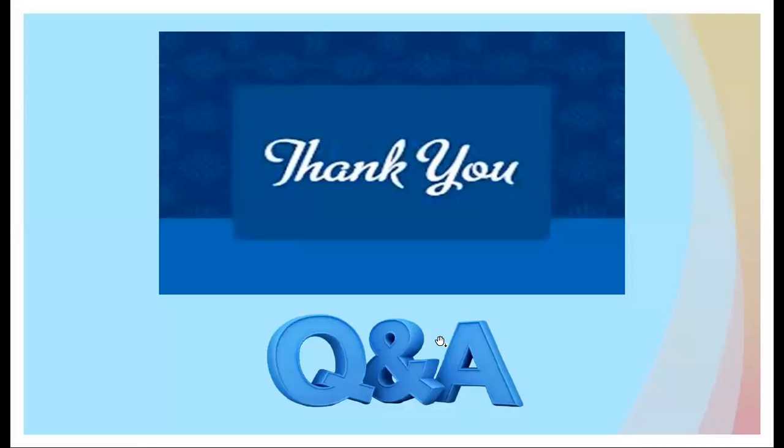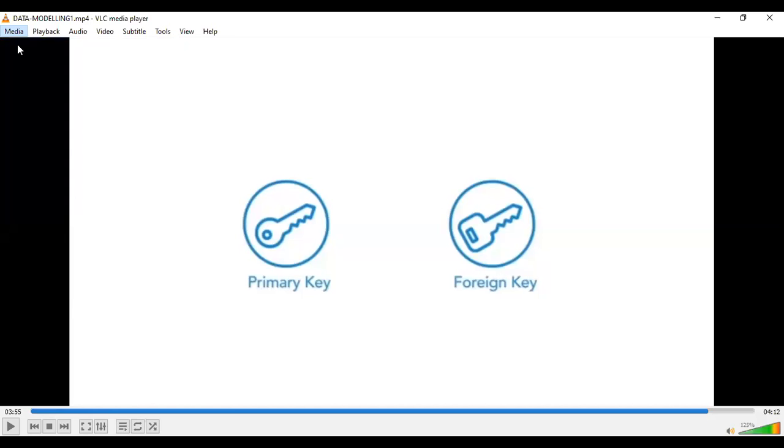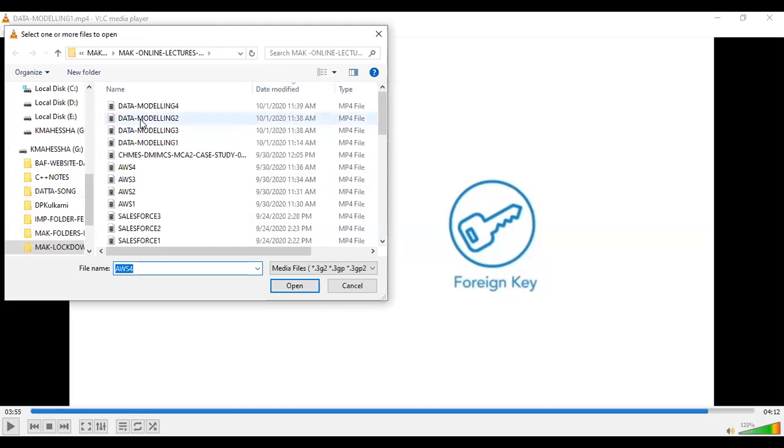We will again see one basic video on big data. Let me stop this share, and we will see one more basic video related to data modeling under big data. I am going to share all these videos on our Google Classroom.